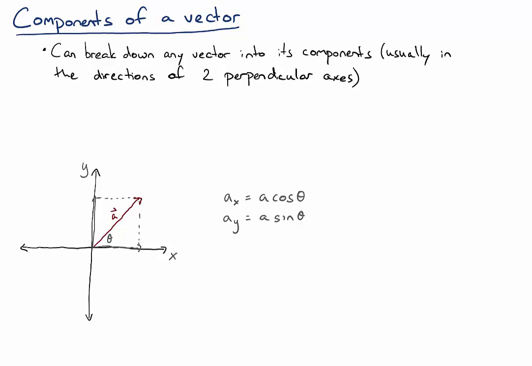Now, just to note here that the angle is actually measured from the positive x-axis. So you have to start at the x-axis and measure around this way to measure out theta. But even knowing that theta is measured from the positive x-axis, you just need to use your common sense to see if the values you're calculating actually make sense.